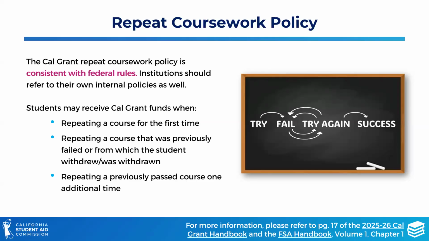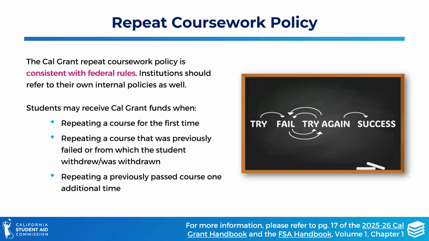For repeat coursework, students can receive Cal Grant funds if they are repeating a course for the first time, when they are repeating a course that was previously failed or from which the student withdrew or was withdrawn, or when a student is repeating a previously passed course one additional time.